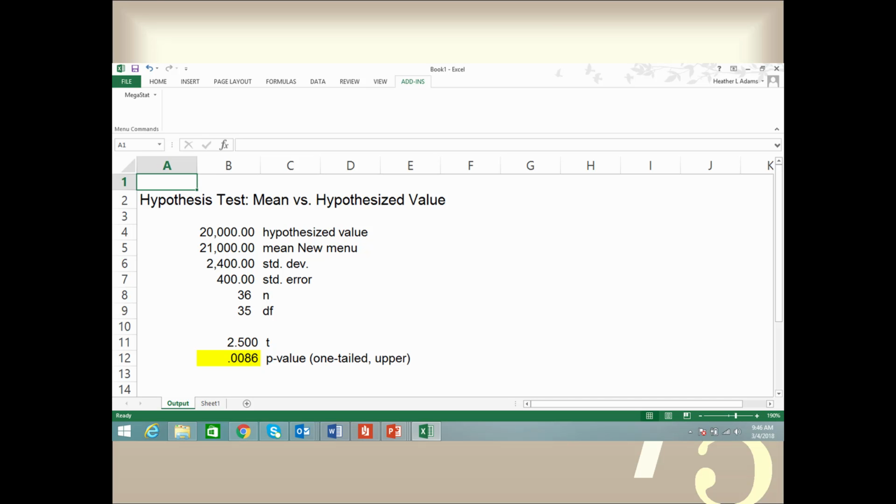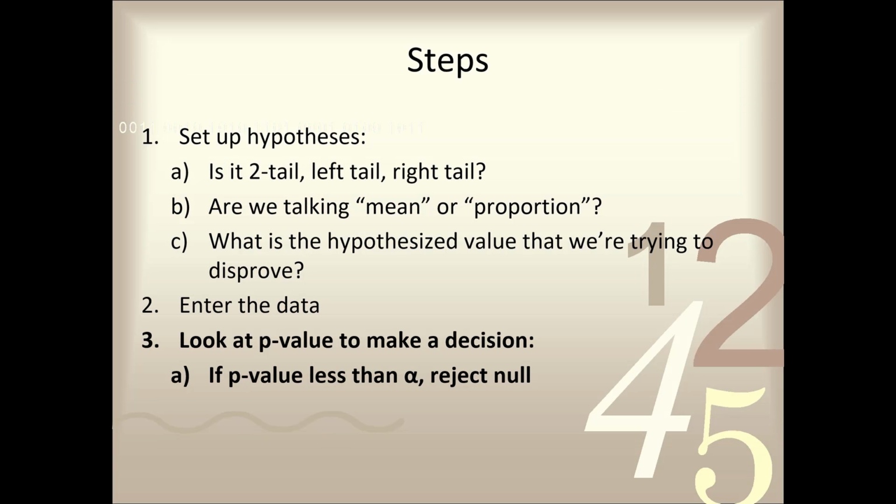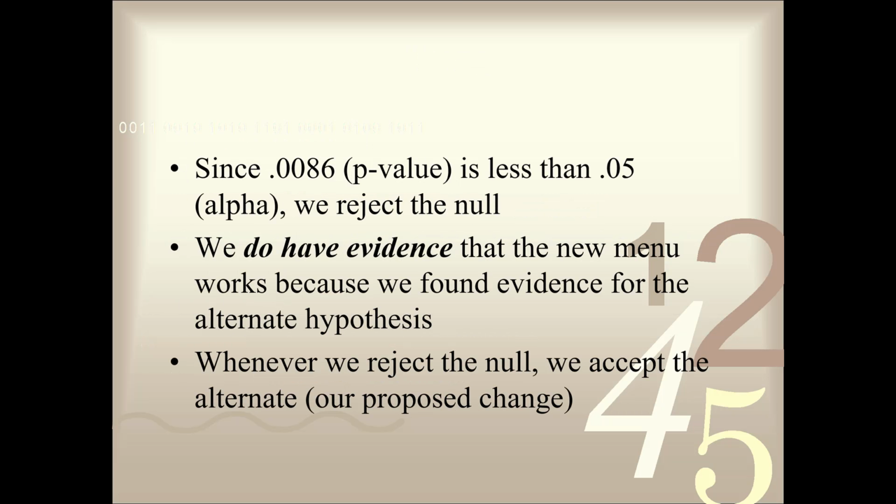So the end result is a p-value, which is the probability of getting what you got or something greater if the null is true. So since that p-value is so small, the null must not be true. Okay, I'll explain that again. Okay, so if the p-value is less than alpha, reject the null.